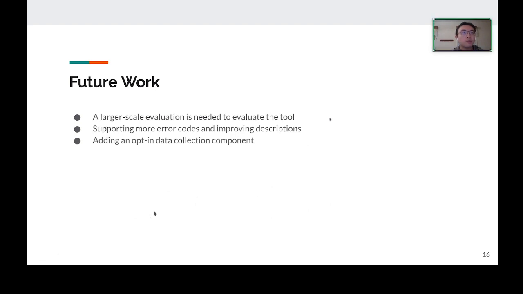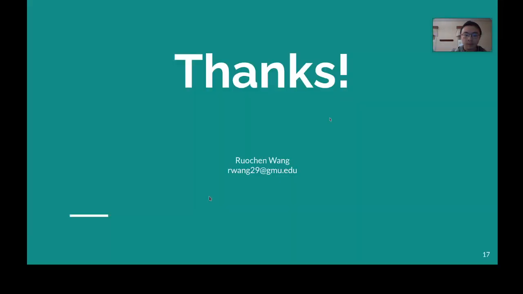And also, we are hoping to add an opt-in data collection component, which can help the user to understand how they are coding, and also help us to collect data more conveniently. And that's all. Thank you.